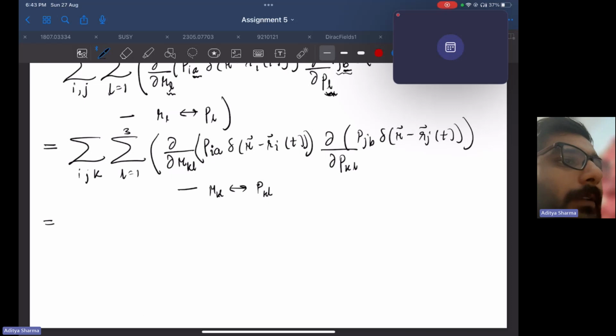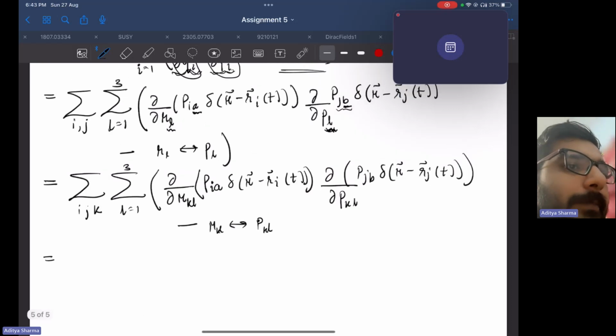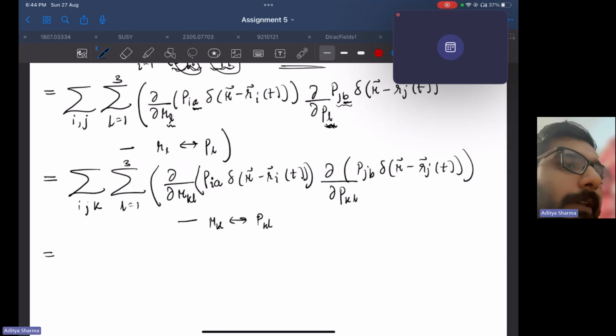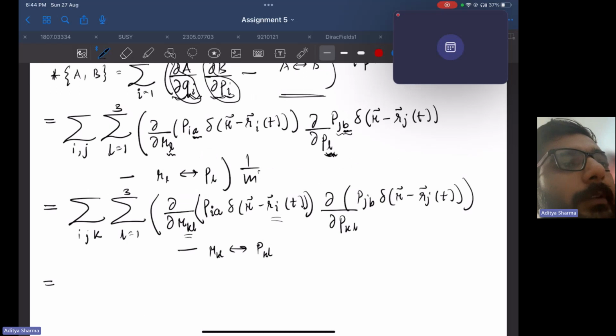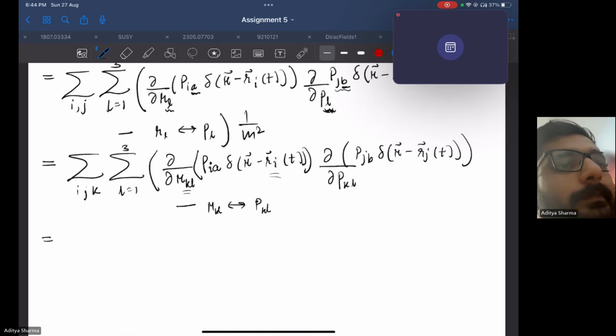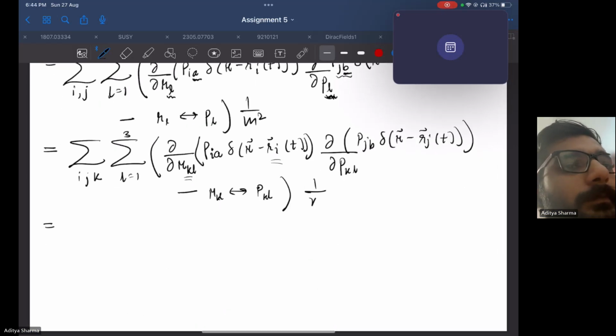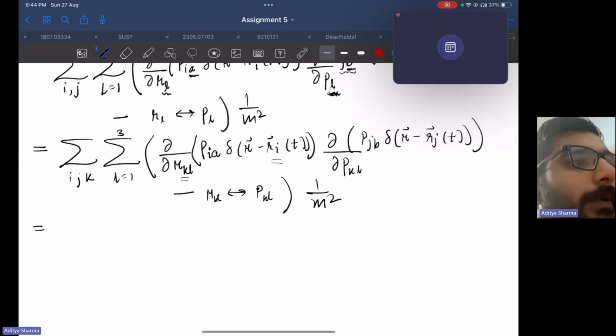So with that in mind, when you differentiate this part, it is going to act on only this. So this part will differentiate with this part.